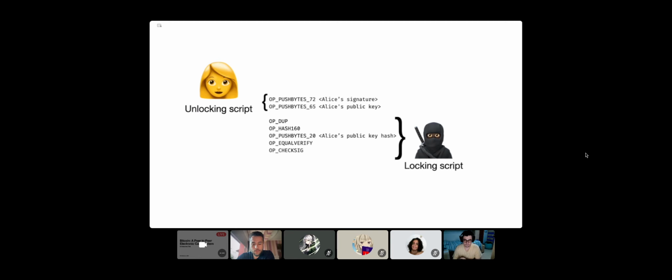And anyone who is trying to spend those funds, who believes he's the rightful owner of those funds, he or she has to provide an unlocking script, which is put into a later transaction input. And most of the time, this unlocking script will have a signature, and the locking script will ask to check if the signature is valid somehow.